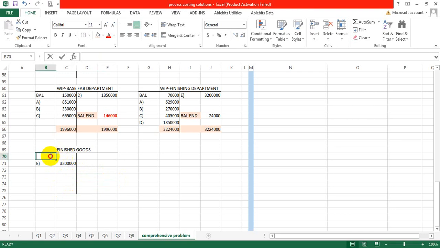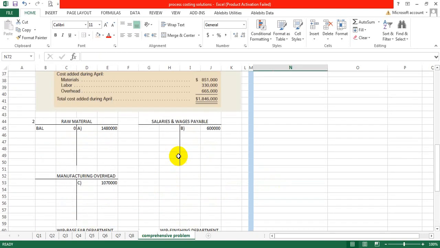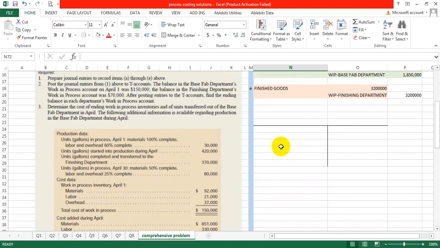Okay, there is no balance, so you can write 0 directly, or you can balance it. Okay, we have prepared the T accounts, right?